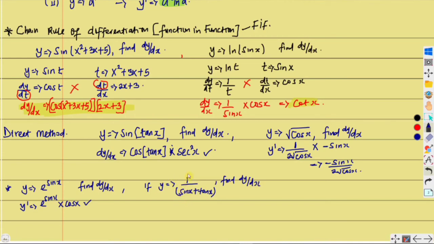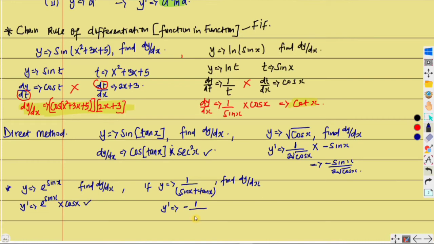Don't let me rush too much, I still have time. Now 1 over sine x plus tan x. The inner function, sine x plus tan x, we take to be equal to t. Remember, algebra form, 1 over something will give you negative 1 over that particular function squared. So this time around it will be negative 1 over t squared.